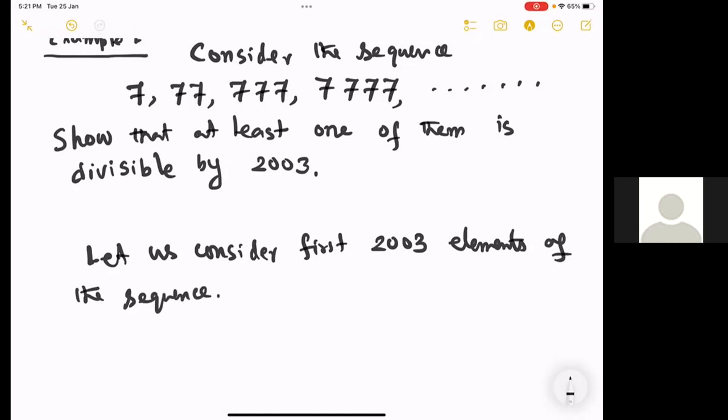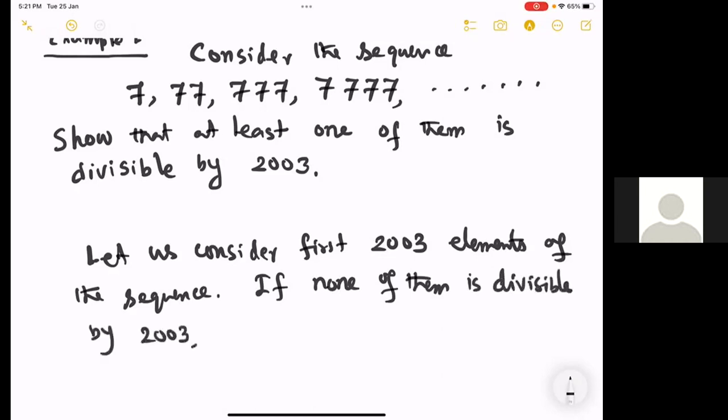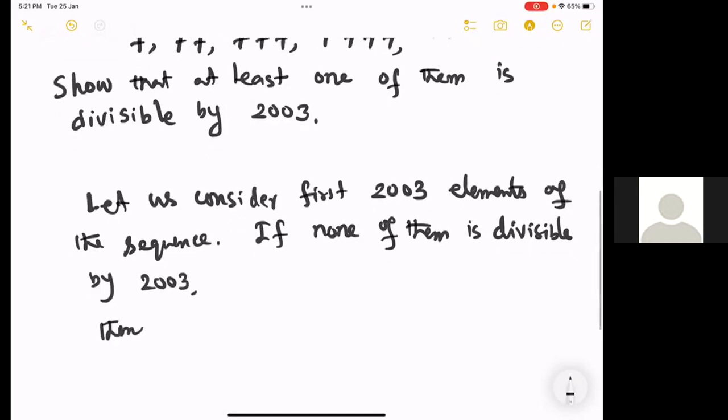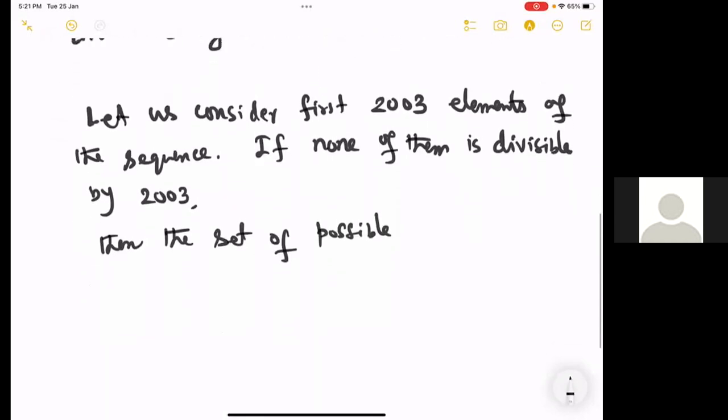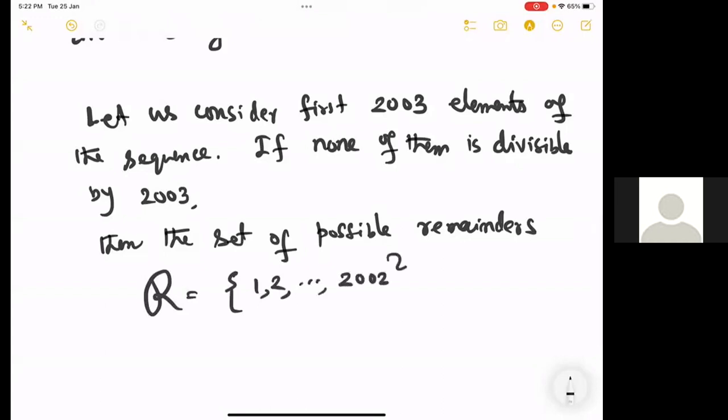So if none of them is divisible by 2003, then the set of possible remainders, let's call it R, is between 1 to 2002, right?